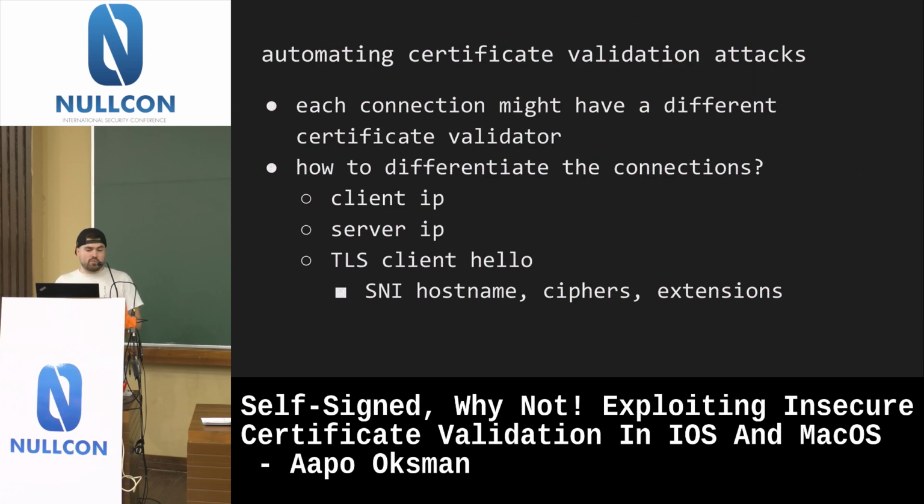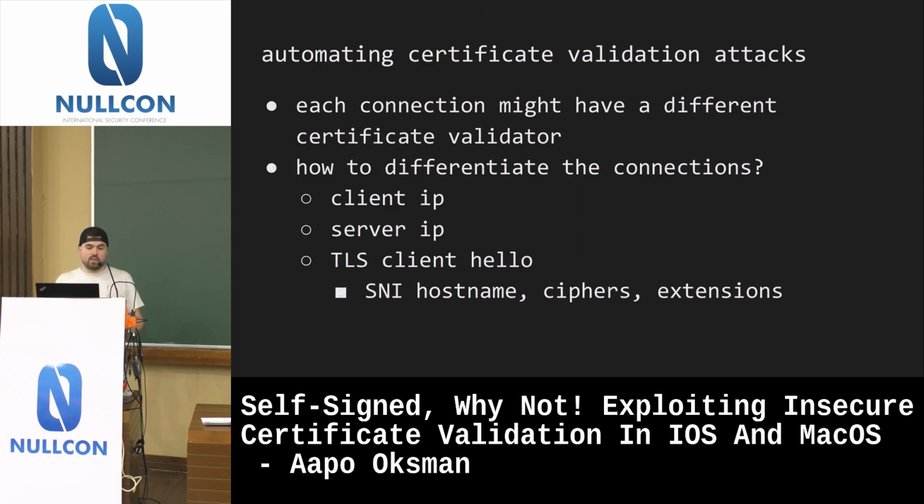For example, the server name identifier tells us what host name we want to connect to. So even though there's one server IP, there might be multiple hosts behind that. And if we go even further, we can check the different ciphers and extensions that the client wants, and we can see differences in those. So we can identify when this connection is a different one than we've previously seen.